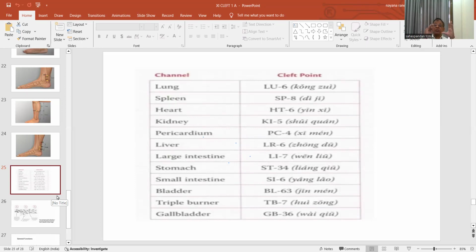Understanding the nature of that variability comes from considering the point category. For example, the source point is where the prenatal source qi enters the channels. All source points hold the kidney qi, the prenatal qi of the kidney.